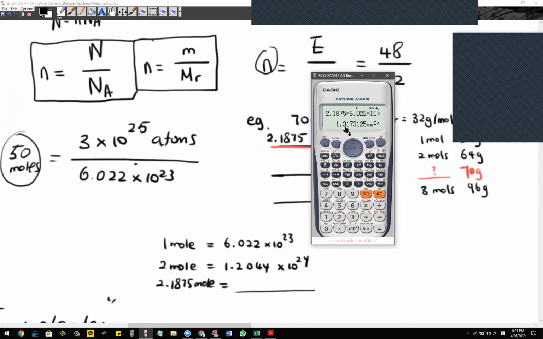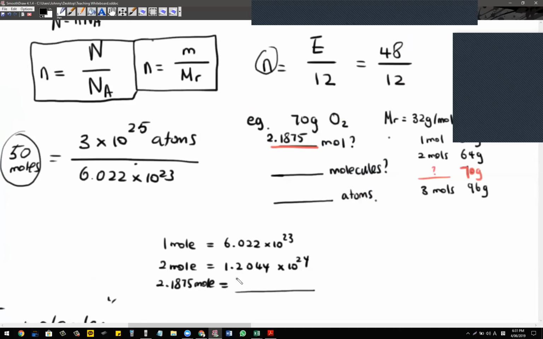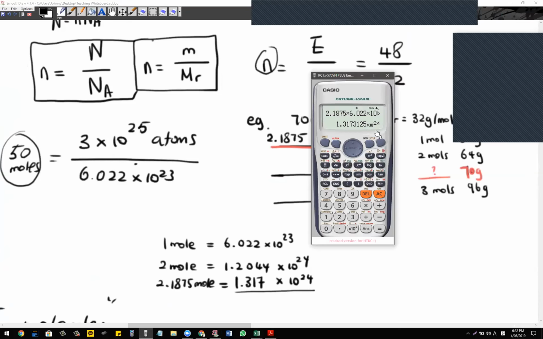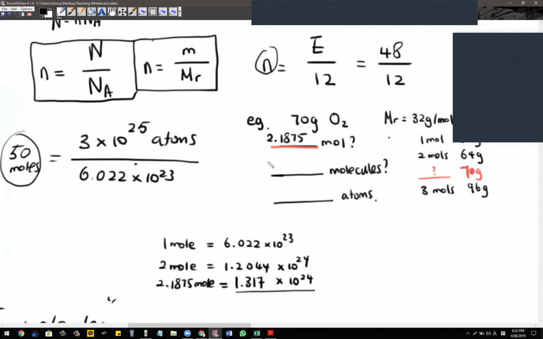That's 1.317 times 10 to the power of 24. Okay, so you have 1.317 times 10 to the power of 24 molecules.